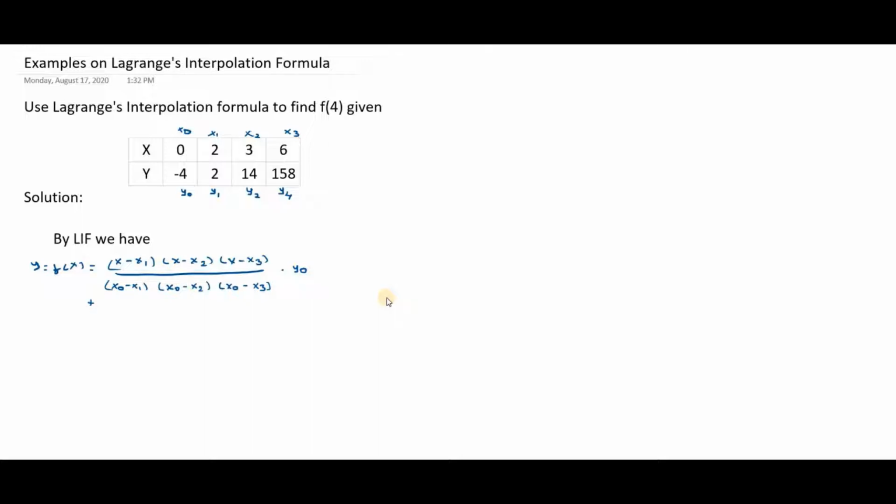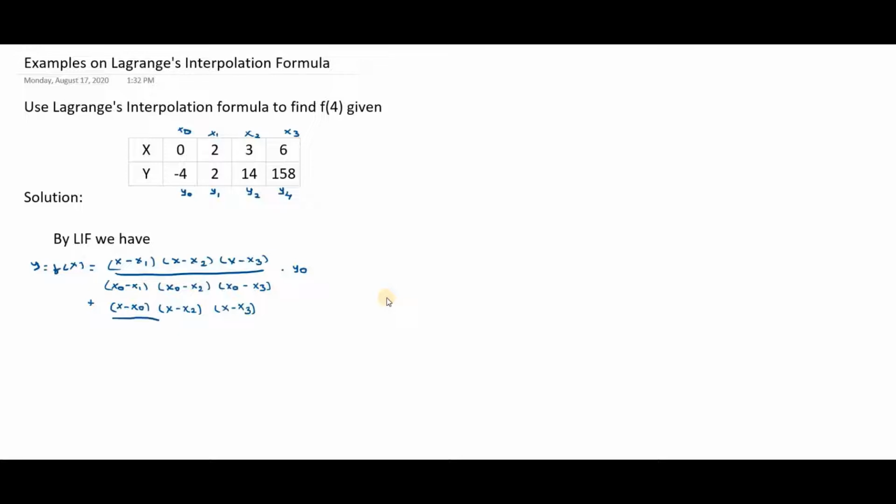next term. Now x1 remained absent in numerator, so I will start with x minus x0. You do not write x1, you can take next term, that is x minus x2 and then x minus x3. So here x1 is absent.